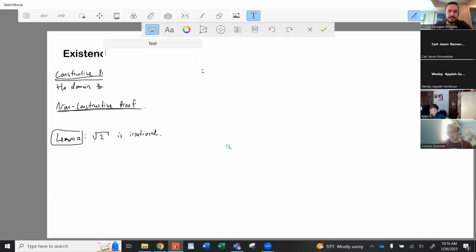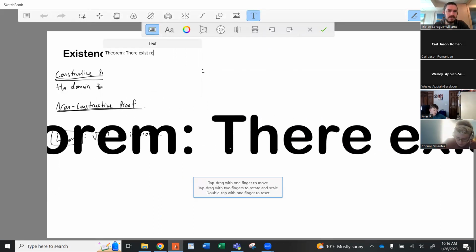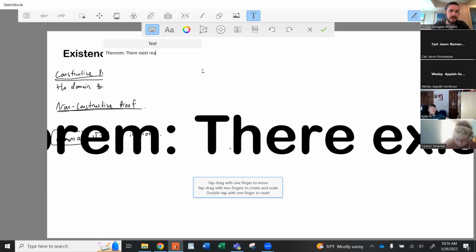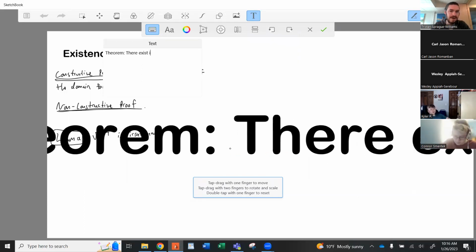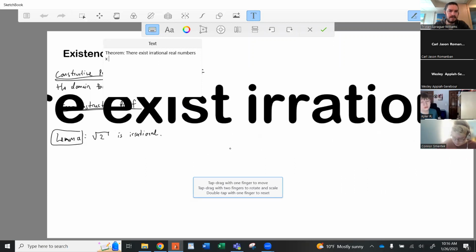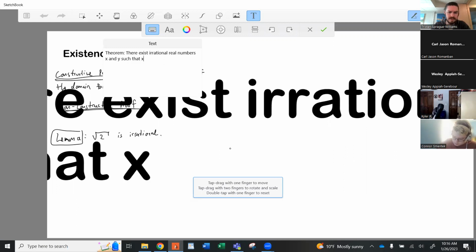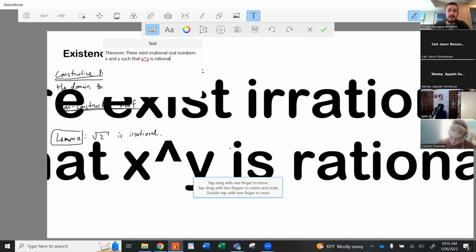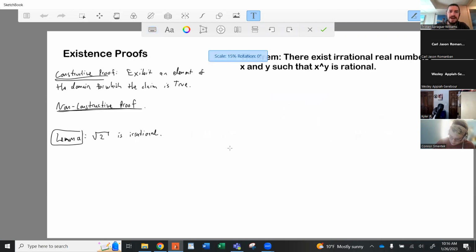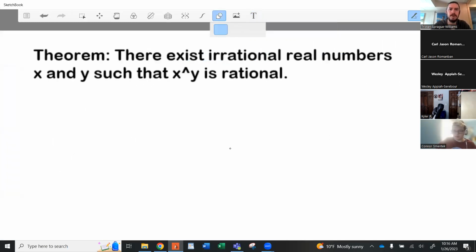But here's the example we're going to do today. There exist irrational real numbers x and y such that x to the power y is rational, not irrational.